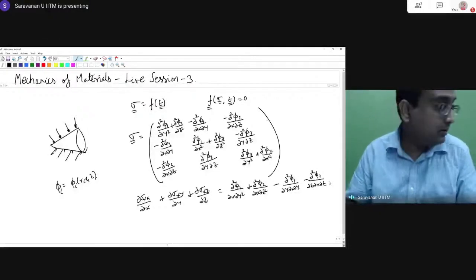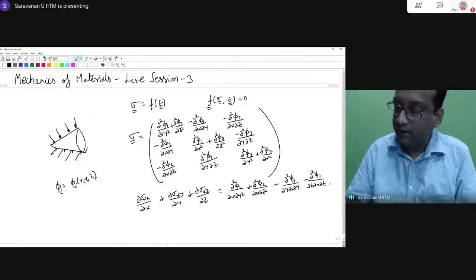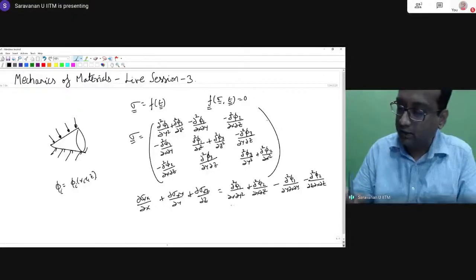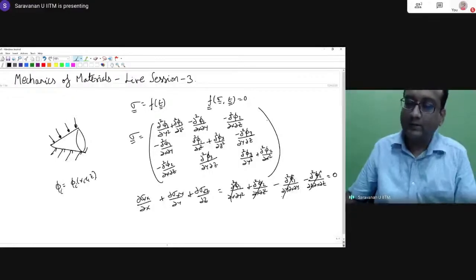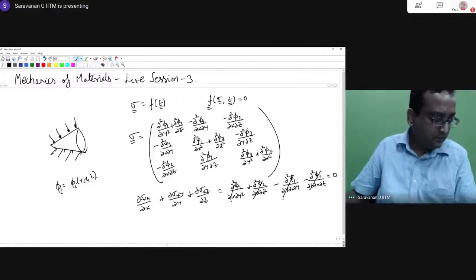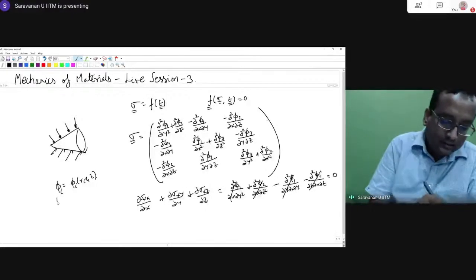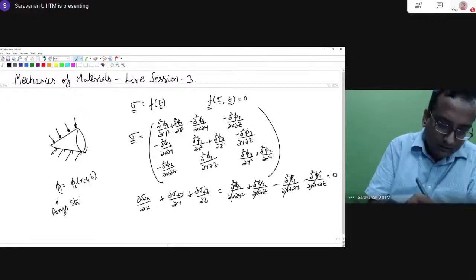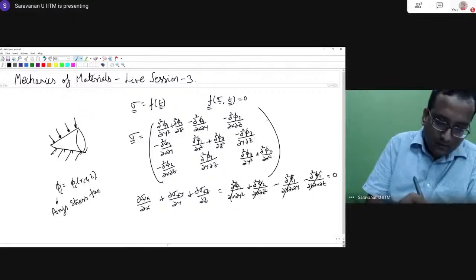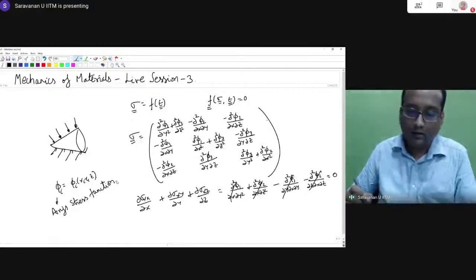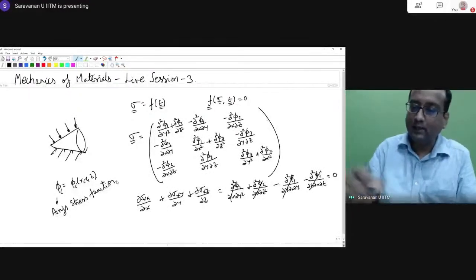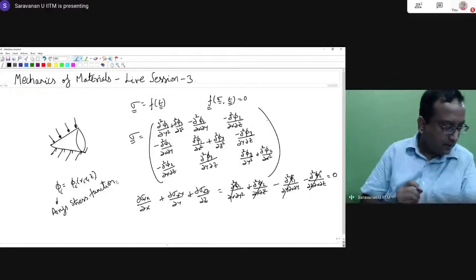If the order of derivatives is not important, when φ1, φ2 are smooth functions of x, y, and z, this will be equal to 0. You can see that this cancels with this and this cancels with that. So this is how you construct three-dimensional stress fields. These φi's are called Airy stress functions. Basically, this is how you construct a field which will satisfy the equilibrium equations.